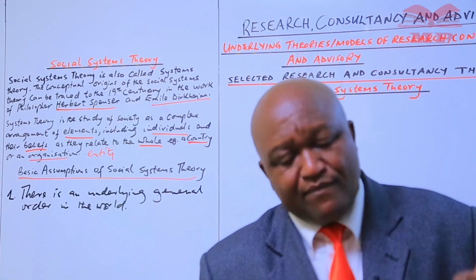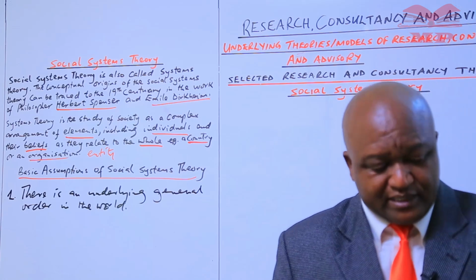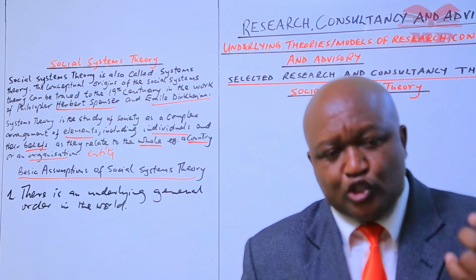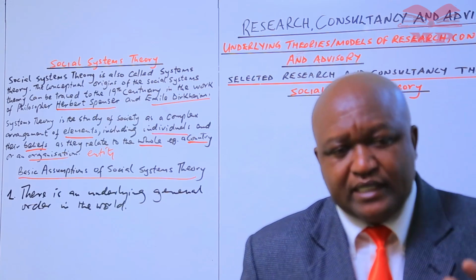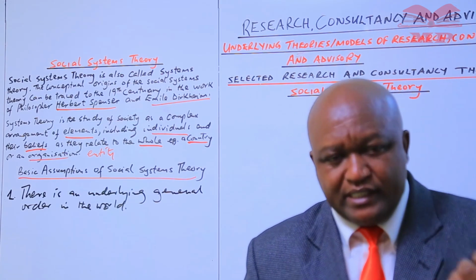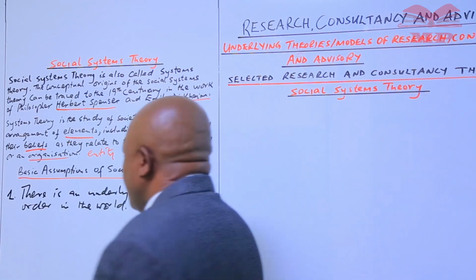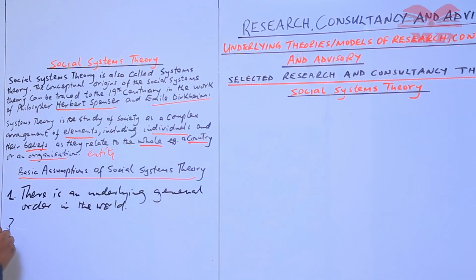The second basic assumption of the social systems theory is that social ordering is a consistent and dynamic process.